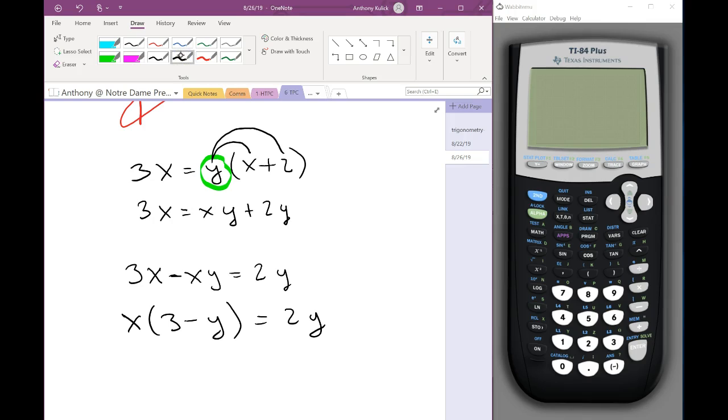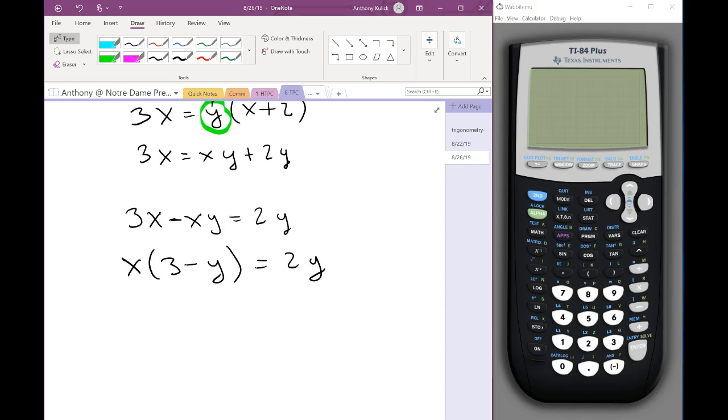And then again, we're trying to get that x by itself. We've gotten the x now into one place, right? What do we need to do to continue? Kendall? Divide by what? Excellent, by 3 minus y.